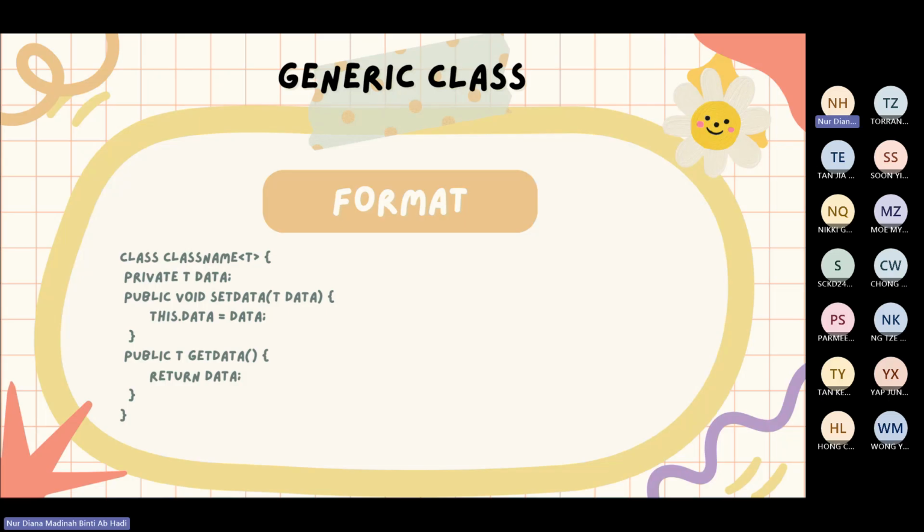So actually the T that I have labeled here represents a type parameter, where you can label it as String, Integer, Float, Double. As I mentioned just now, why do we need it?